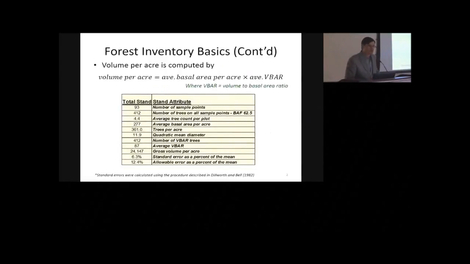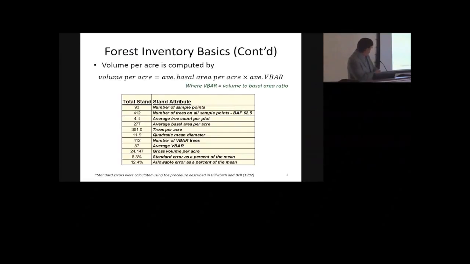All right, some more forest inventory basics. In variable plot cruising, that's the essential equation we use to calculate volume per acre. We take our average basal area per acre and we multiply that by what we call a V-bar, a volume to basal area ratio.